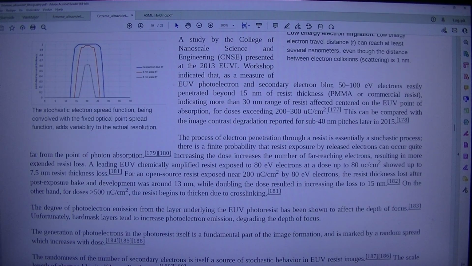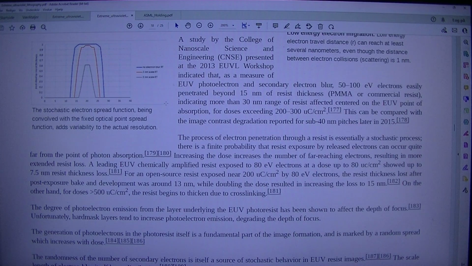A study by the College of Nanoscale Science and Engineering, CNSE, presented at the 2013 EUVL workshop indicated that, as a measure of EUV photoelectron and secondary electron blur, 5100 eV electrons easily penetrated beyond 15 nm of resist thickness, PMMA or commercial resist, indicating more than 30 nm range of resist affected centered on the EUV point of absorption, for doses exceeding 200-300 µC/cm². 177.